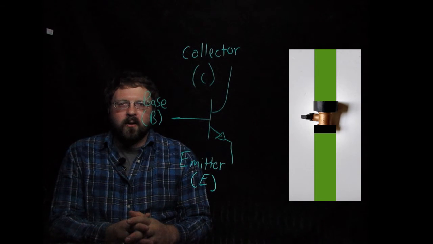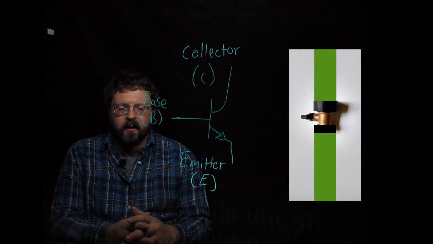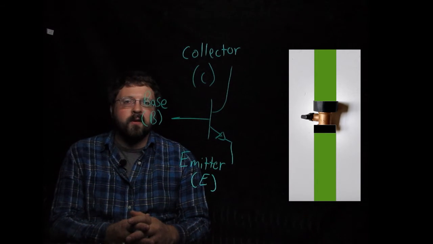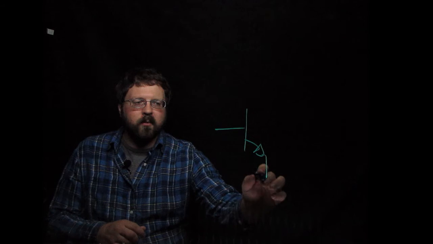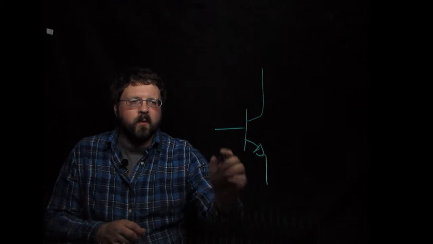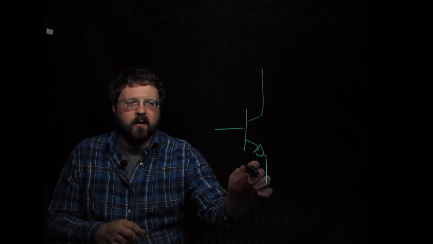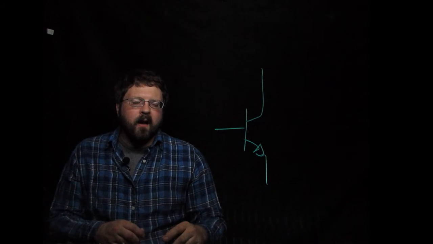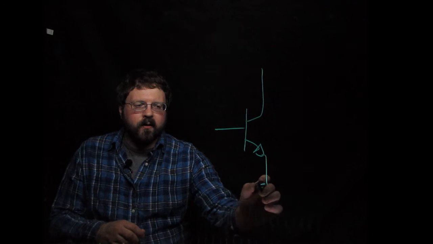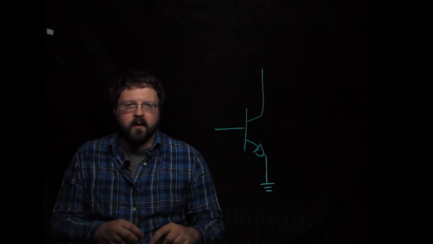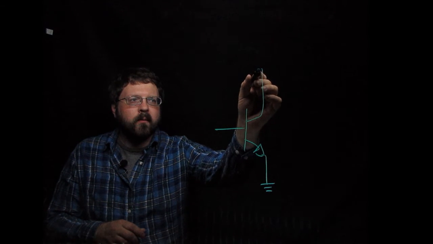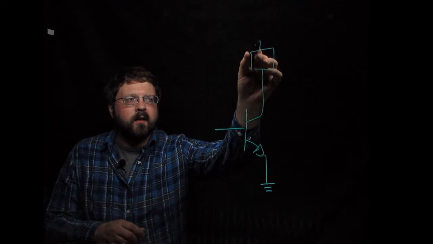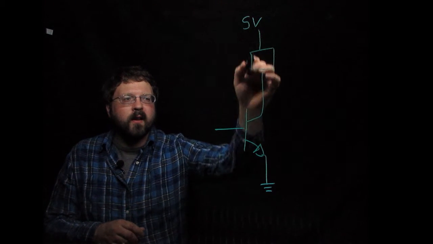So let me show you a typical way this would be wired up if we were going to drive the motor, and we'll talk a little bit more about the operation of the transistor. Okay, so let's sketch out the transistor here. Without labeling the different pieces, we've got the base, the emitter, and the collector. What you usually do when you're using a transistor as a switch is send the emitter to ground, and put our device in between 5 volts and the collector.